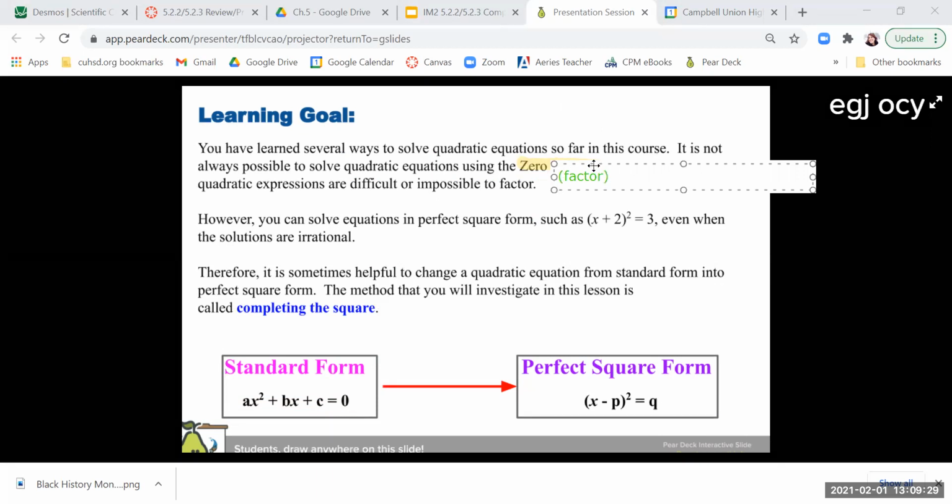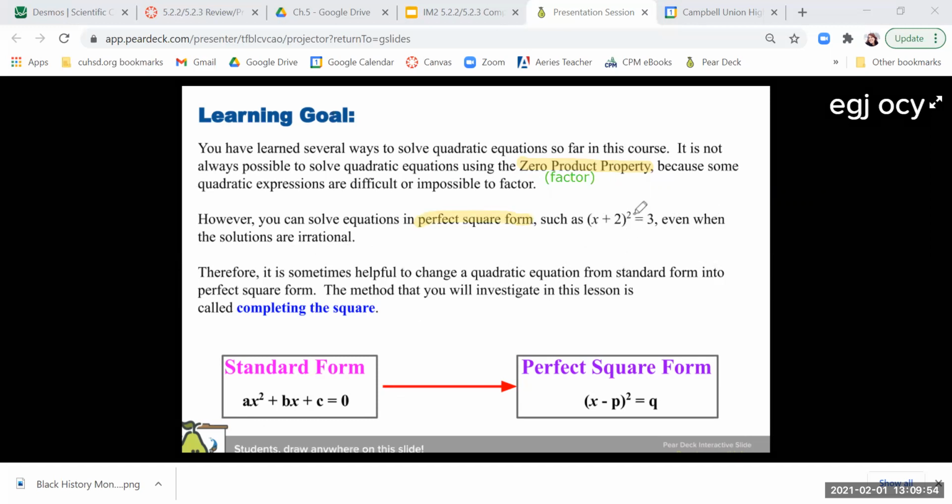So we have a standard form equation set equal to 0, and then we factor it and set each factor equal to 0. That's one of the processes we've learned. But sometimes we're not able to factor. So then we learned about solving equations in perfect square form. This is another approach.